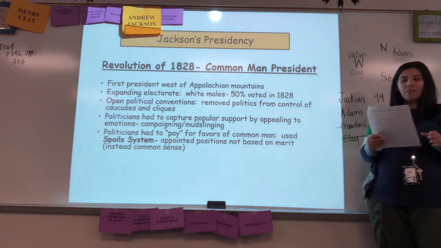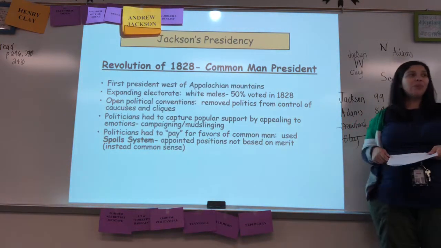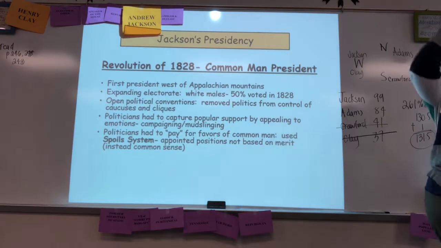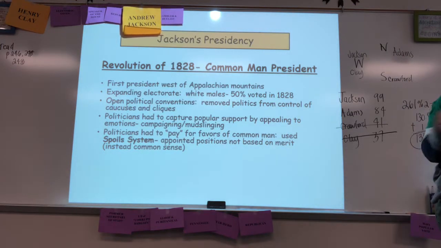Okay. So Jackson's usage, what do you think he's going to do? Is he going to appoint someone very smart or is he going to appoint his friend to a job? His friend, are they going to be the most skilled? No. And we're going to see that the spoil system is eventually going to lead to the degradation of our government.